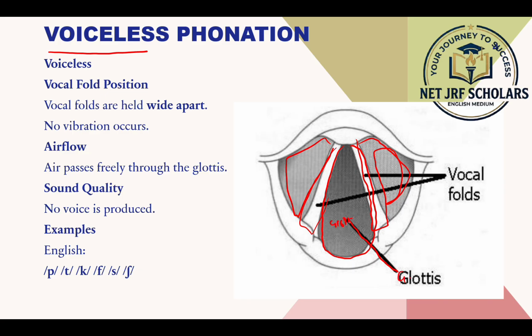The glottis is very high; the gap between the two vocal folds is large. So the air comes from below and there is enough space for it to escape, so it comes freely. When the air comes freely, there is no vibration in these two vocal folds.